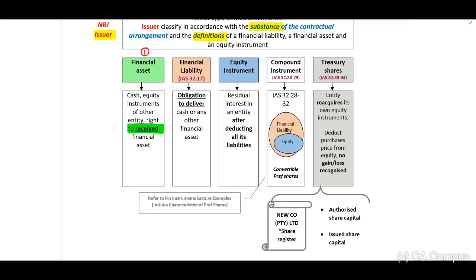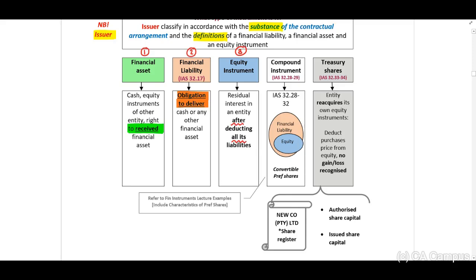When we recognize a financial liability, the first thing that you need to think about is the word liability. There has to be an obligation to deliver. Then equity instrument, this will be the residual interest in an entity after deducting all of its liabilities.